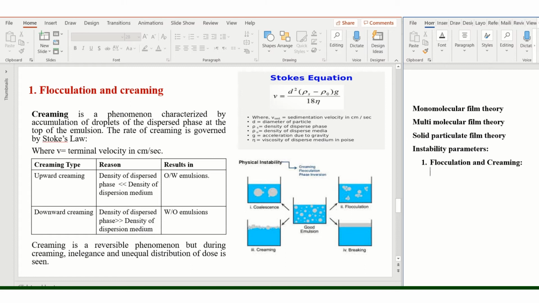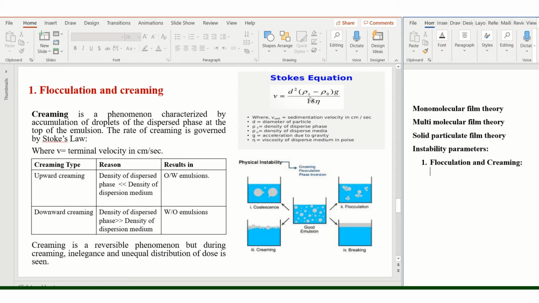So if we are supposed to prepare oil in water type of emulsion, and if there are any major differences between the densities, if the oil phase we have selected is way less dense than the water, then there will be some change in this, right?